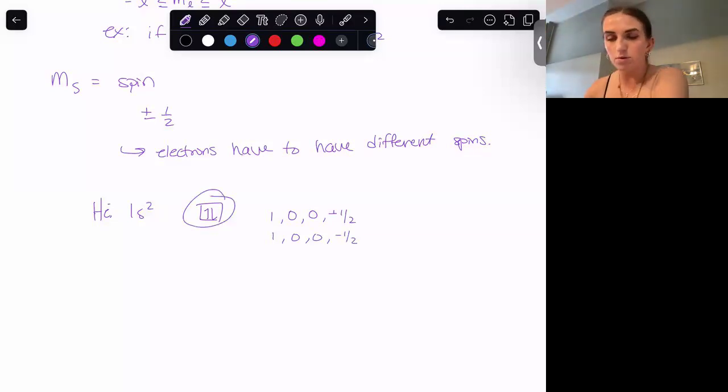So in these two electrons, this one corresponds to this, and this one corresponds to that. That shows that they have different spins and different quantum numbers, because no two electrons can have the same quantum numbers. It's like hide and seek, where you pick an electron and find that specific electron based off of the parameters and the numbers given.